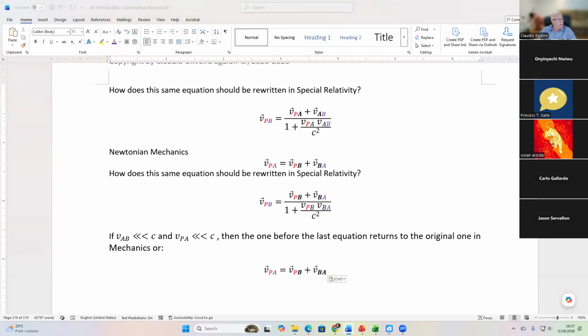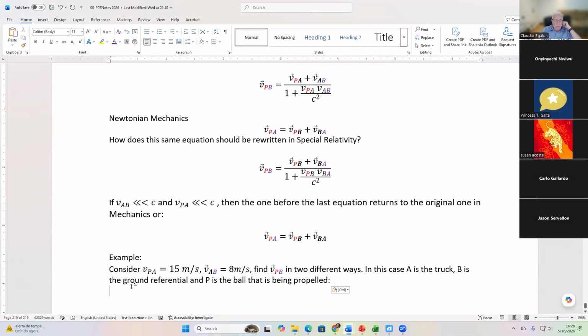And we can come up with an example so you understand. We're going to do an example for a real life situation, and then another one for a relativistic situation. Consider the velocity of point P with respect to referential A as being 15 meters per second.